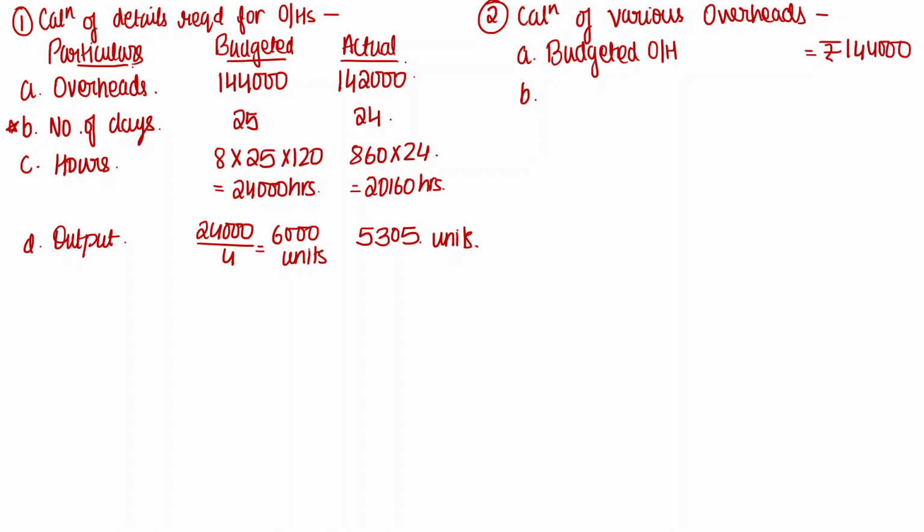Is the actual overhead straight away given to you? Rupees 1,42,000. Absorbed overheads. No. For this, I require something called absorption rate. We can make this as working number 3 actually.